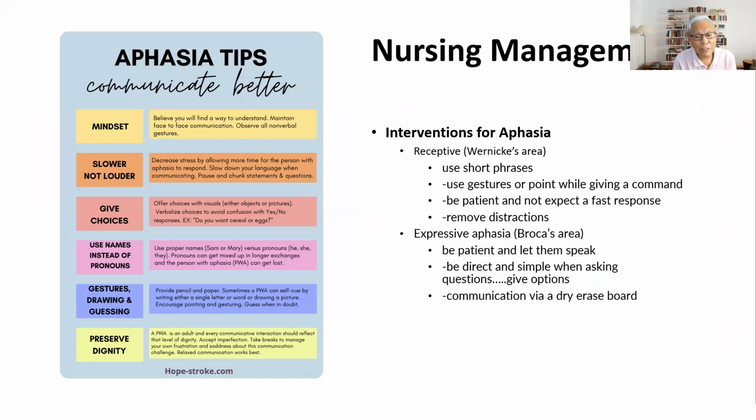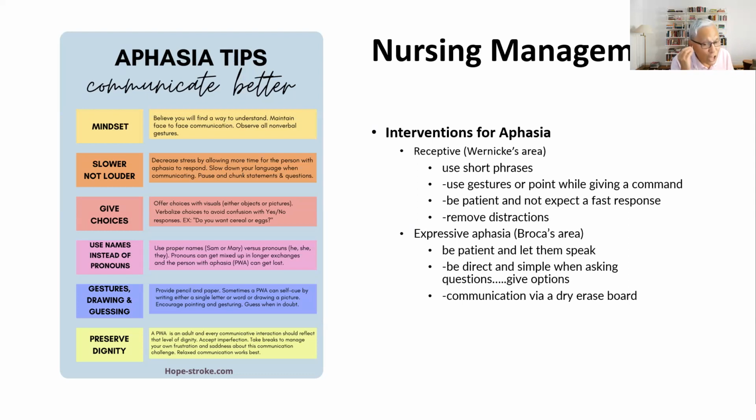So in receptive aphasia, remember that they're unable to understand what you're talking about. So I see nurses pleading with these patients, or sometimes scolding them, but these patients do not understand speech. So when you communicate with them, short phrases are important, and gesturing.